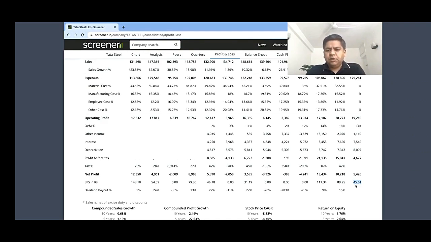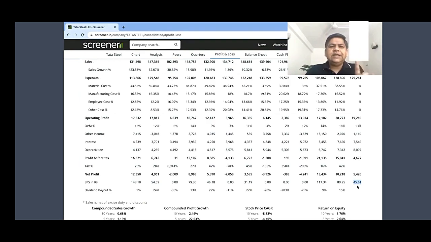At this point of time, I'm not going to talk about this ratio much, because here it will not make any sense. All the ratios I'm covering later. So for now, you can say that one share is earning 45 rupees. One Tata Steel share is earning 45 rupees.